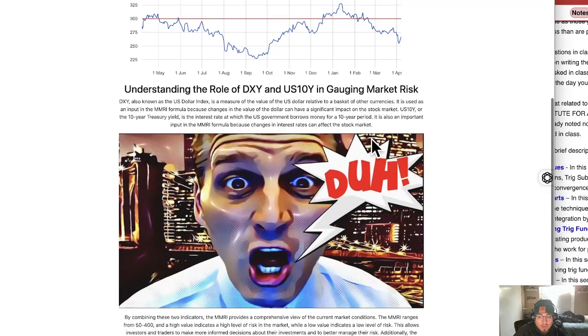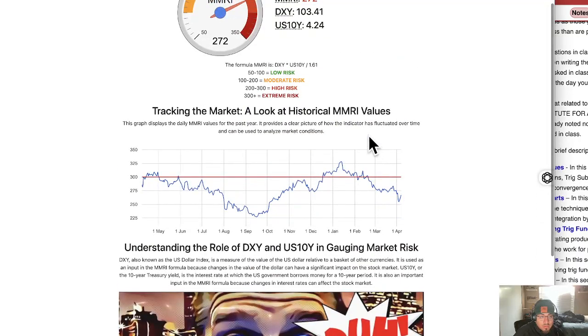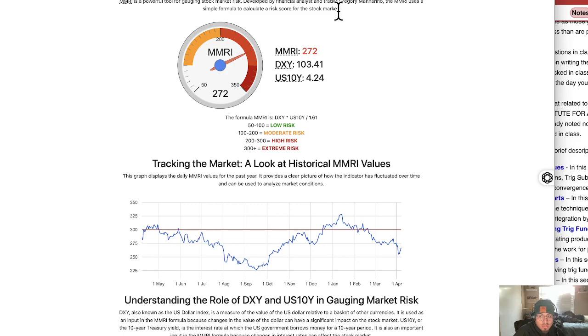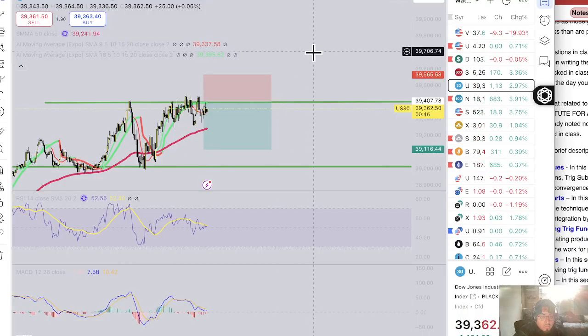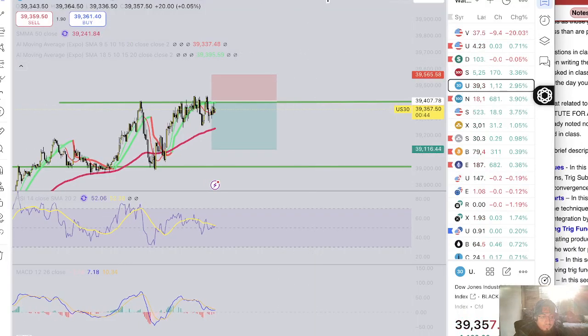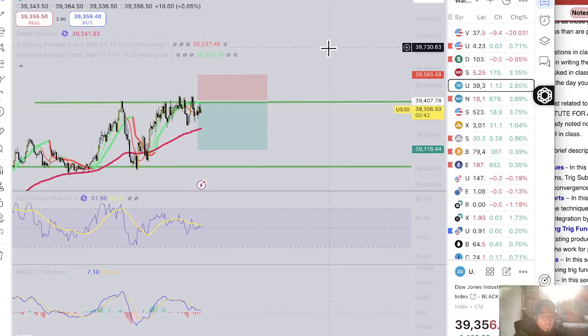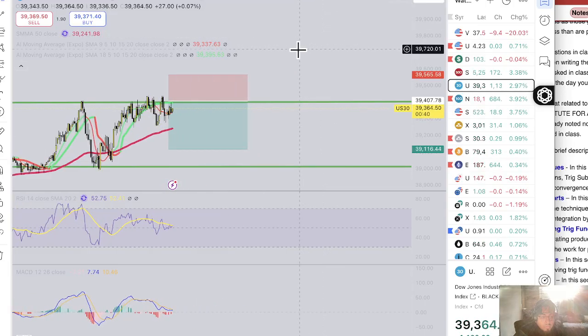Our friend Gregory Manarino has created this market risk indicator, which will help us. He's a financial analyst and trader, so he understands how the markets are moving. So I'm really thinking that the market is going to be in a downtrend.